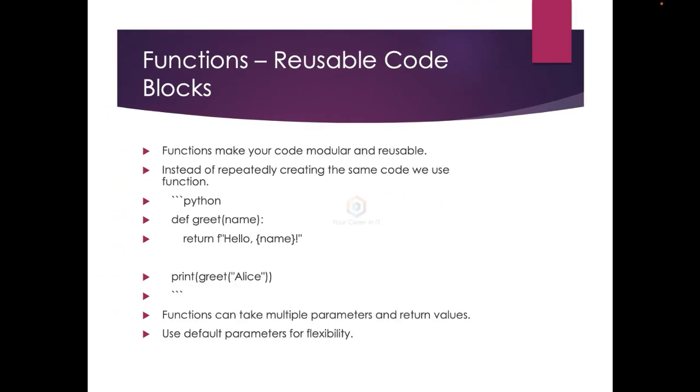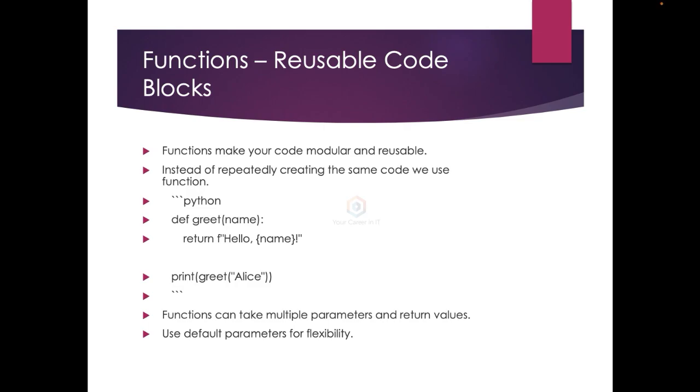Okay, so our next topic is functions. What is a function? A function is a block of code which we can reuse in our program. If you need the same code 5 times, there is no need to write the same code 5 times. We just call the function which has the code.